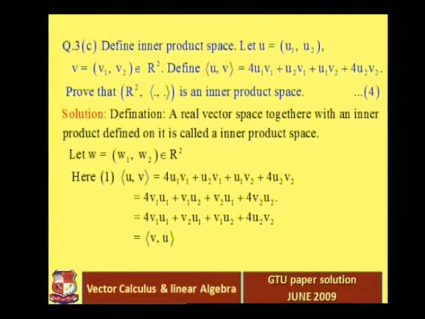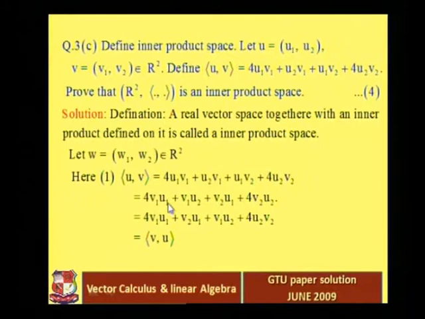So let's check each condition one by one. The inner product ⟨u, v⟩ is equal to 4u1v1 + u2v1 + u1v2 + 4u2v2, that is equal to 4v1u1 + v1u2 + v2u1 + 4v2u2.